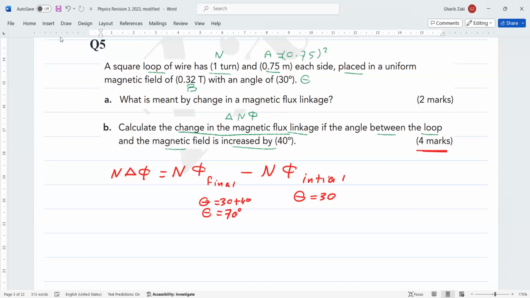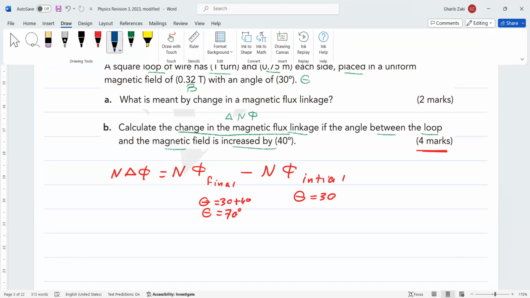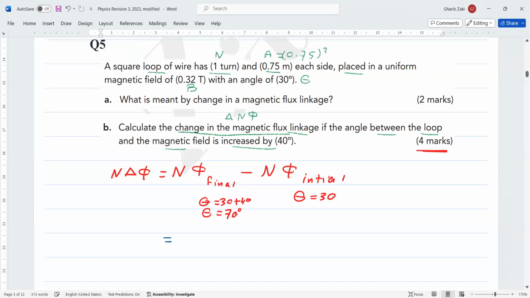Now, N phi final, you can say it's N B A sine what? Sine 70. This is final. Minus N B A sine 30. Now, what is N? N equals 1.